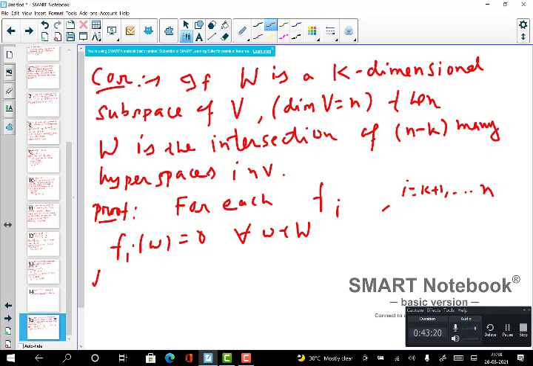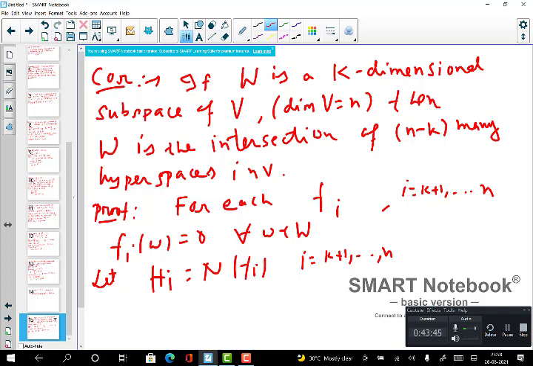So let me write that down. Let each H_i be the null space of f_i, for i equal to k plus 1 to n. So they are null spaces.